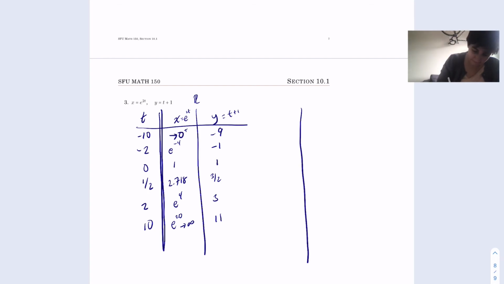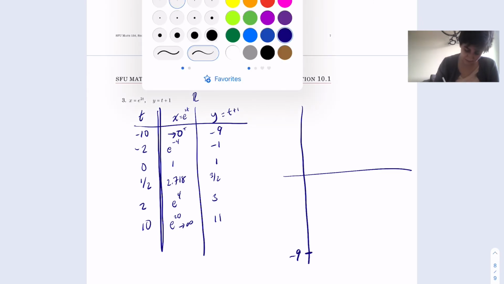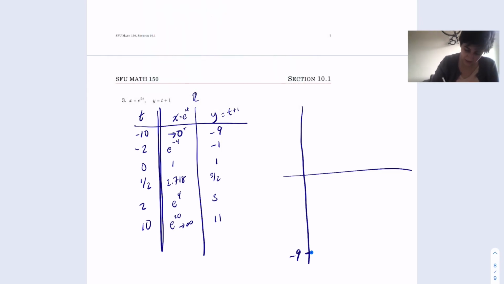So let's organize ourselves. My y coordinates are like -9, going off to like 11. So I'm going to just give myself a -9 here and try to maybe use another color. It's like this is really close to the y-axis. This is t equals -10.